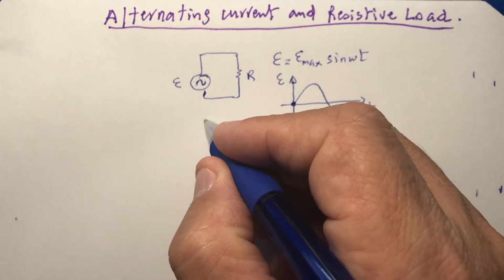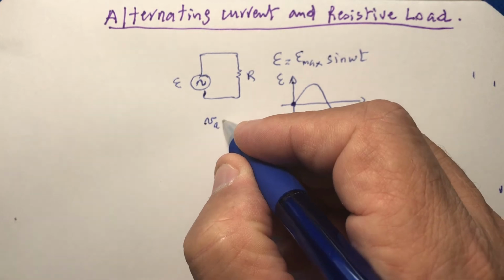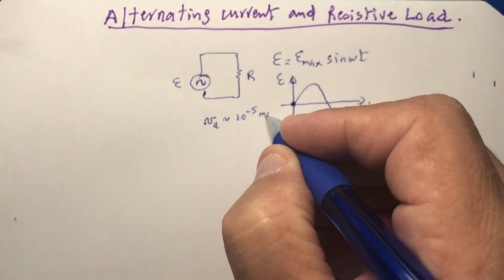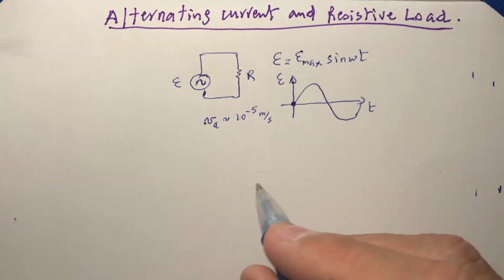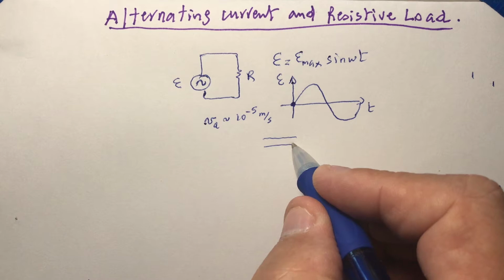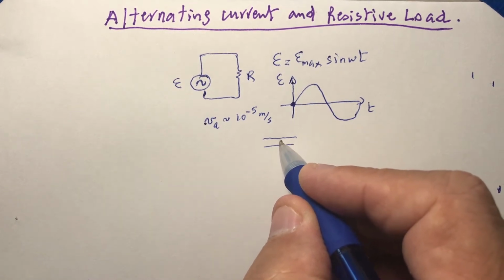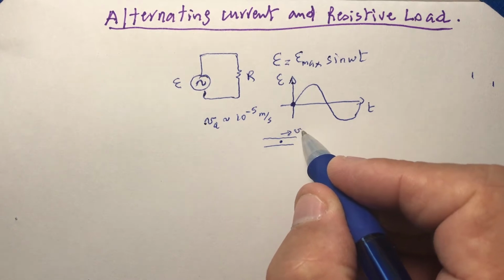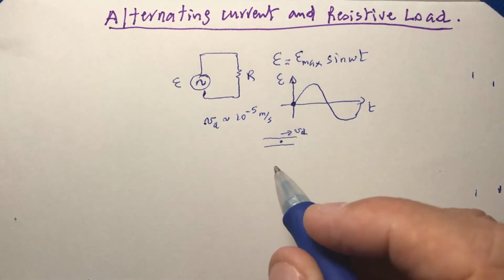The drift velocity, V drift, is closer to 10 to the minus 5 meters per second. So they're really moving very slowly in the wire.